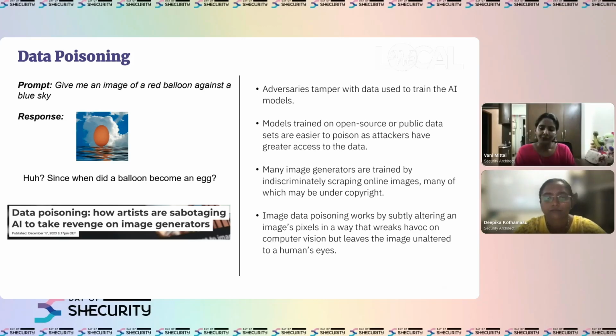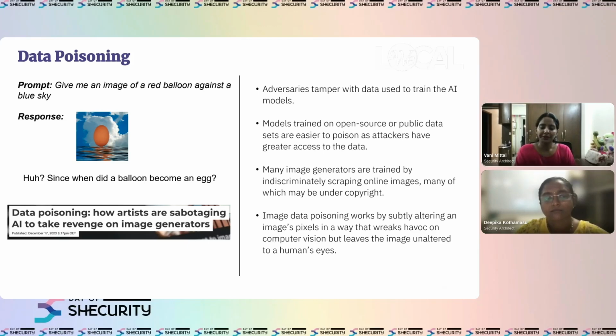So it's tampering with the data used to train an AI model, and models that are trained on open source or public data are easier to poison for obvious reasons, right? Because the data access is easier. Now, applying data security principles to the training data is the key to countering this attack.